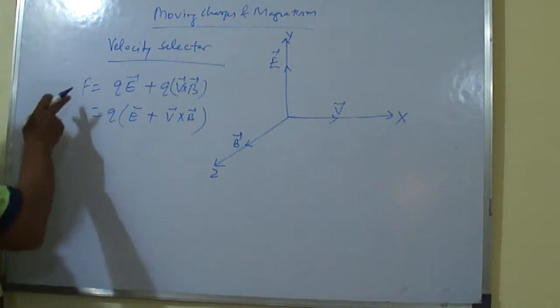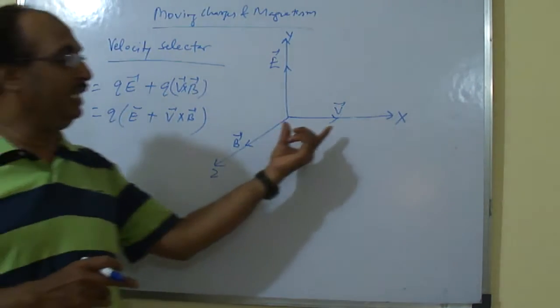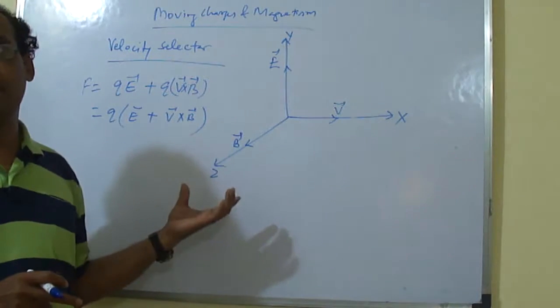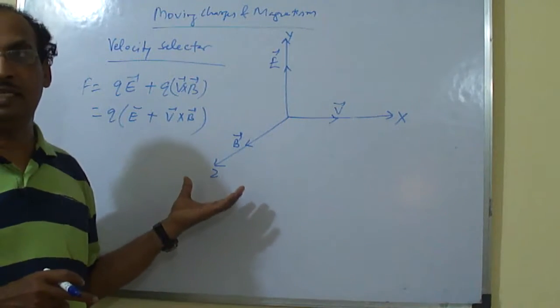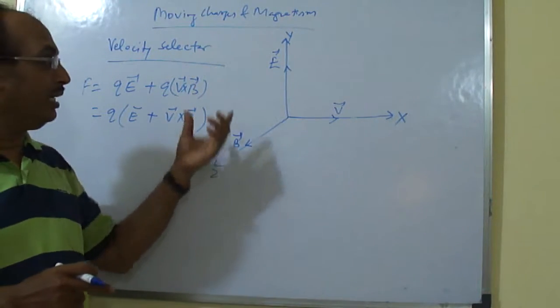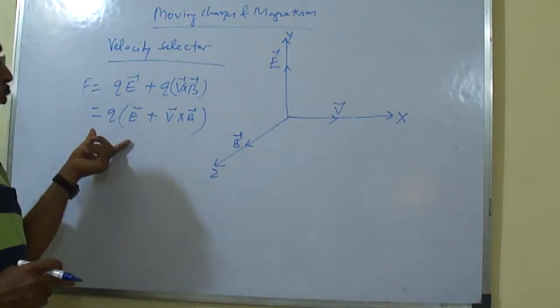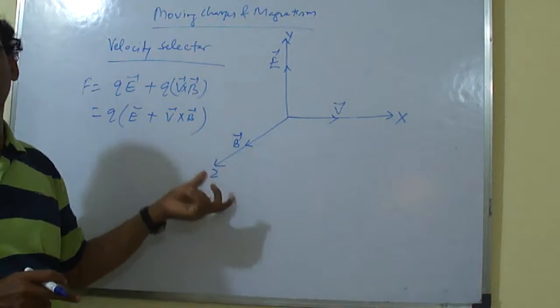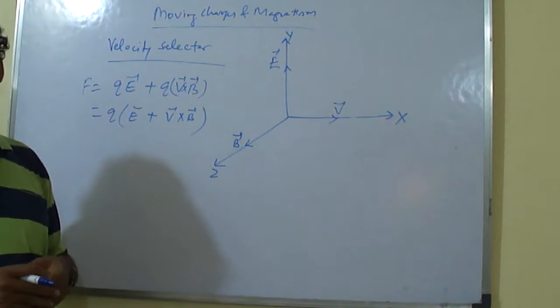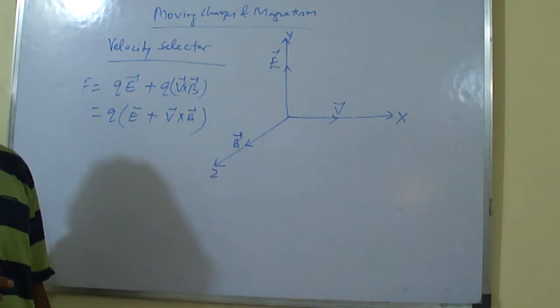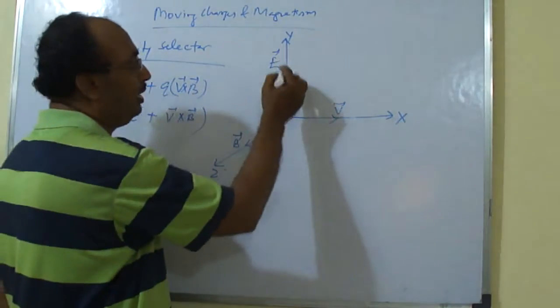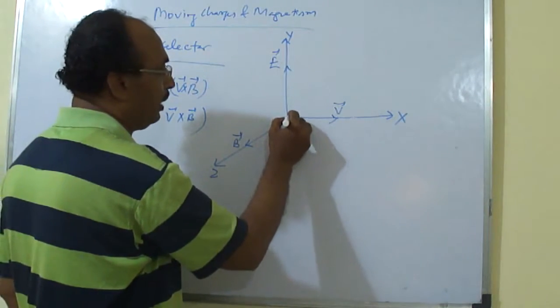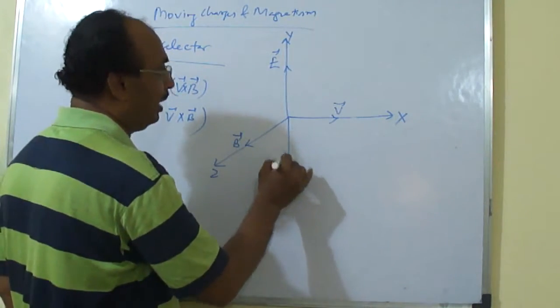So now this velocity is selected in such a way that the force due to electric field and the force due to magnetic field are becoming equal.